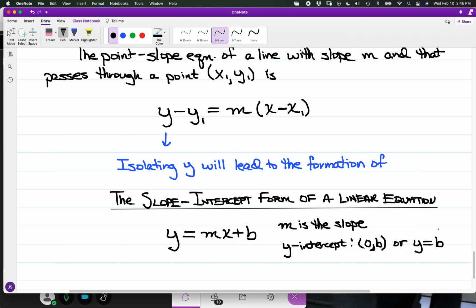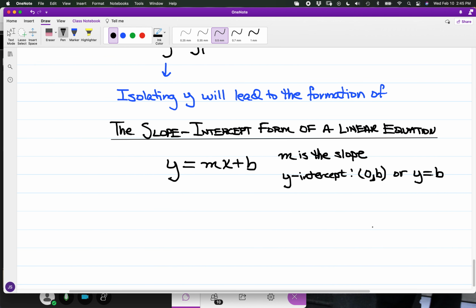Now, just examples of how the point slope equation can lead up to the slope-intercept form of a linear equation.